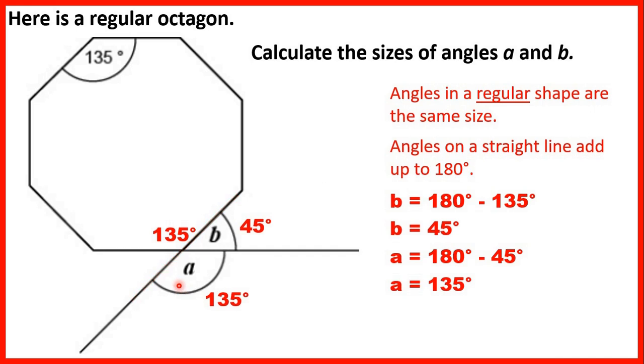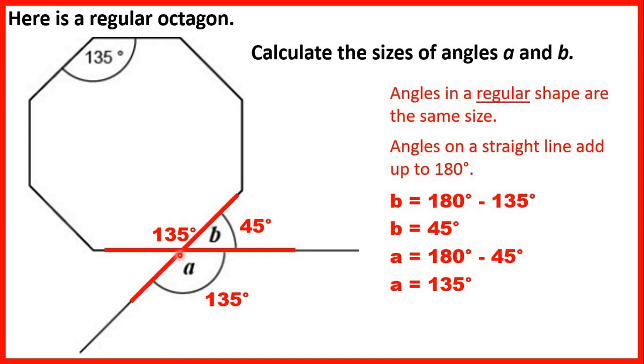There are other ways of working out this question. So we might spot that this line and this line are parallel, and these lines are parallel as well. And angles on parallel lines will always be the same size. So because this is 135, we know that angle A must be 135 as well.